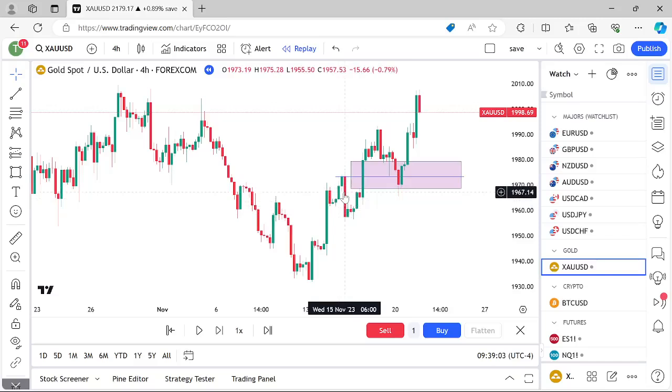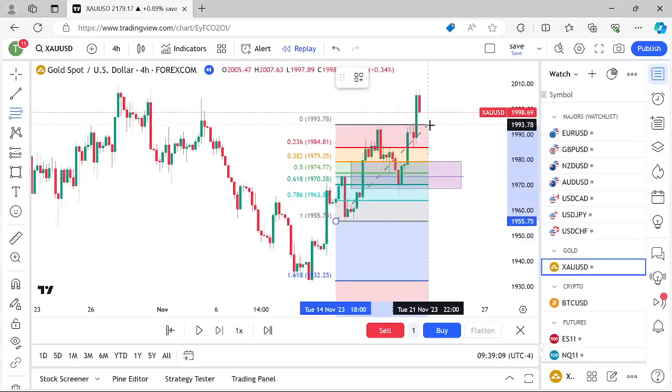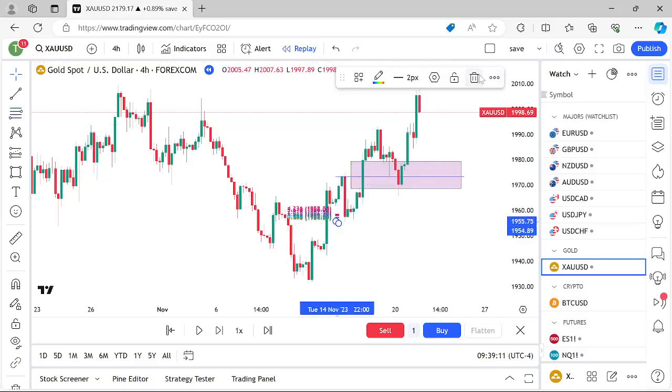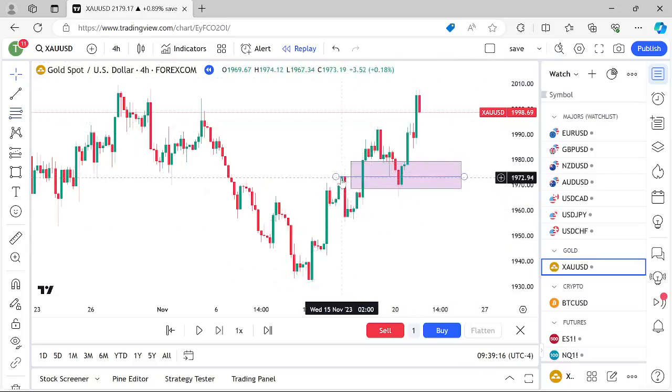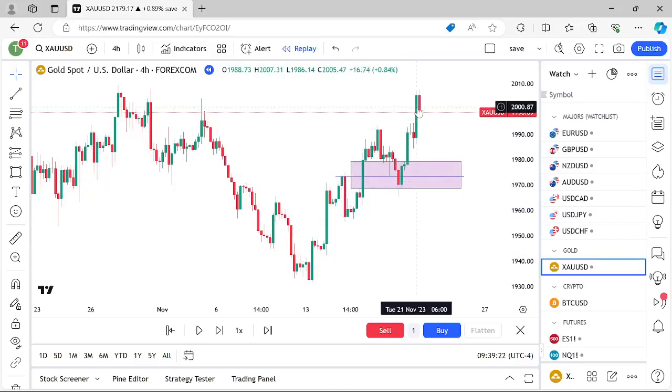You want to see it in a discount marketplace, again below 50% equilibrium of that price range. You want to see fair value gap confirmation, that imbalance in there. And you want to see the order block nested inside of the imbalance. So once it comes down to a discount marketplace, boom, then you look for that next leg up higher, just like that. And that is what I would consider an A+ bullish order block.